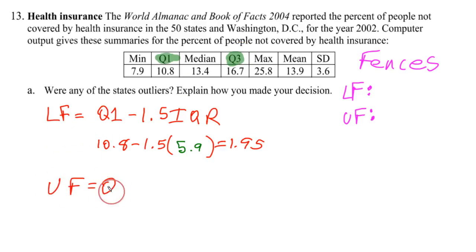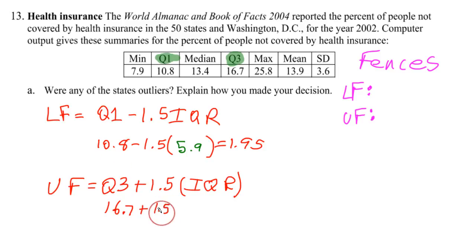So for the upper fence, quartile 3 plus 1.5 times the IQR. And in this case, Q3 is 16.7 plus 1.5, and I already know what the IQR is. It's 5.9. We found that out in the last part. So doing that calculation, 16.7 plus 1.5 times 5.9, and I get 25.55.